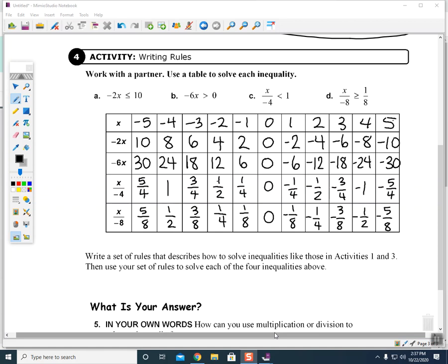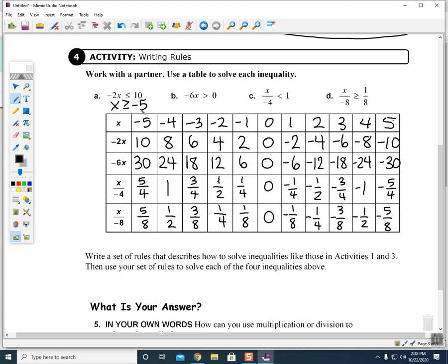So that's when it's equal to 10, and it's decreasing every time. So I know that my solution to this is that x is greater than or equal to -5, right? So it's all values that are greater than or equal to -5, because these are increasing at the top.